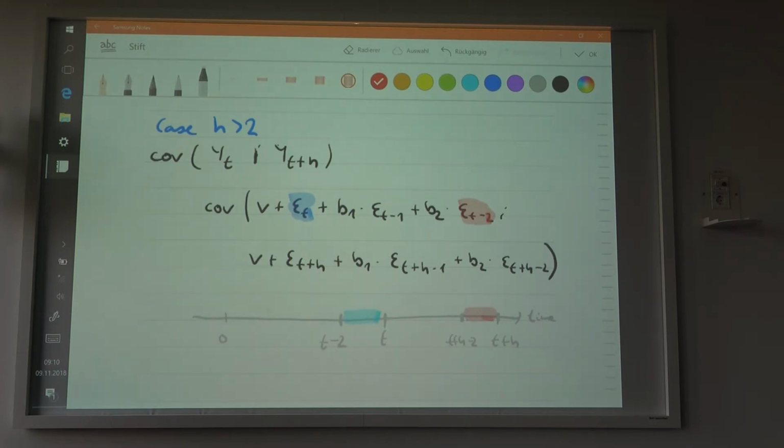This is the upper bound and this is the lower bound. So if h is greater than 2, the time ranges do not overlap, so the process is not autocorrelated. In this case, the autocovariance is going to be equal to 0.